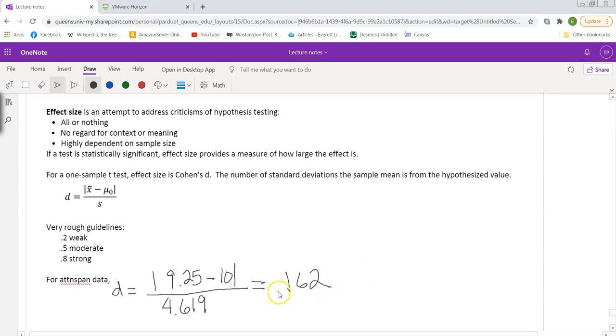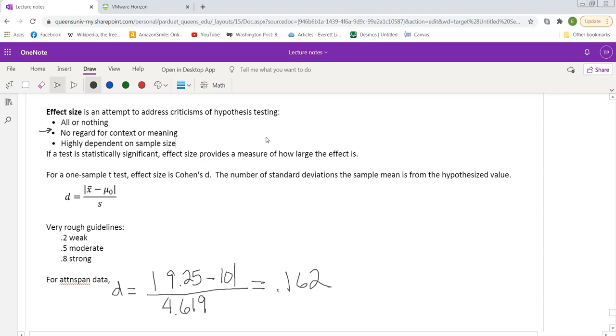So the interpretation here, and Cohen said he really didn't even want to give guidelines. One of the reasons he devised this was because people just ran hypothesis testing and they would just plug in the numbers and say, oh, statistically significant, here we go, without really putting any thought into it.